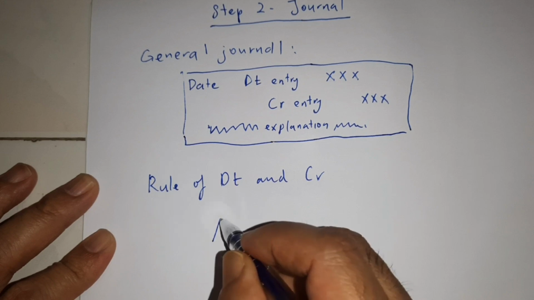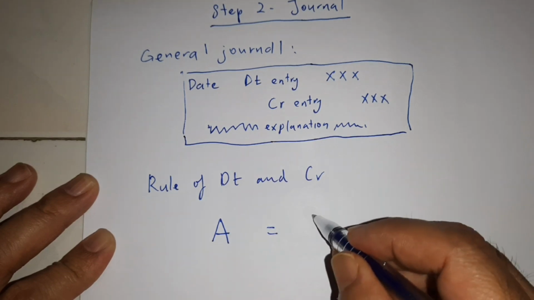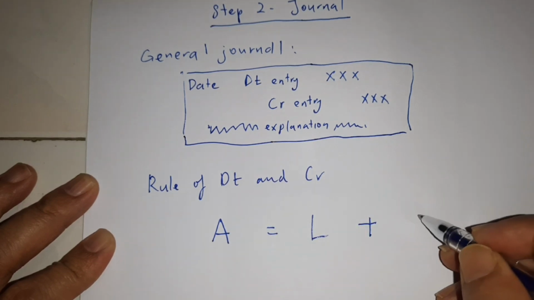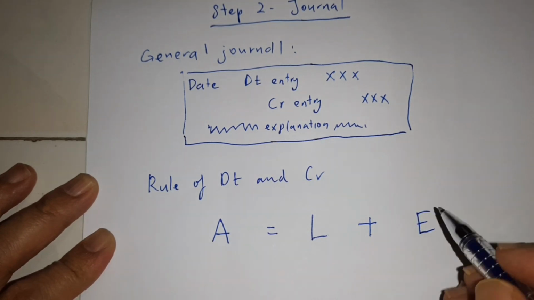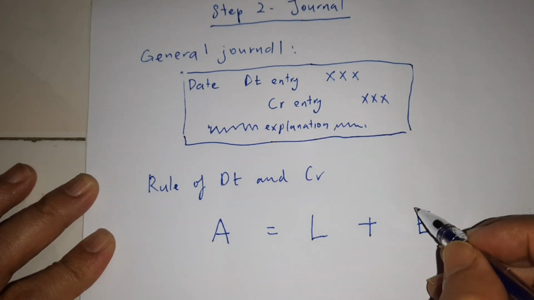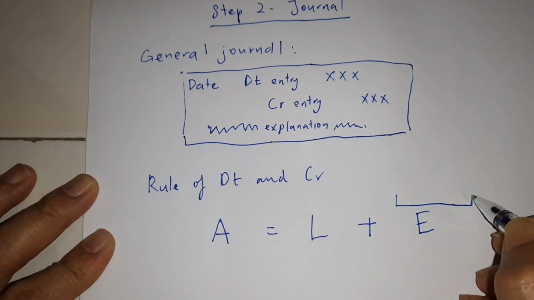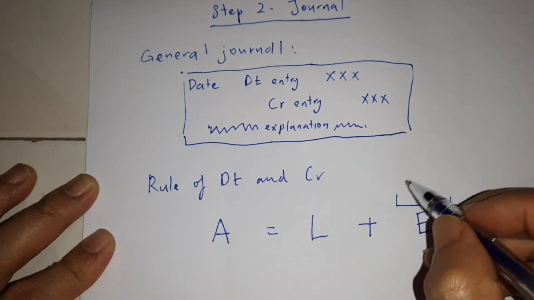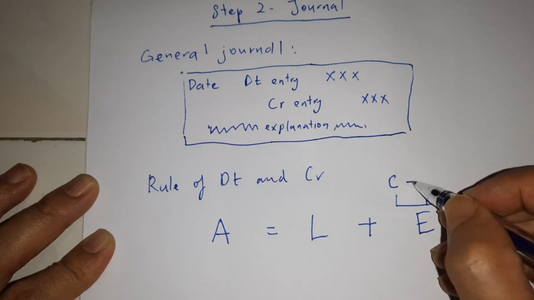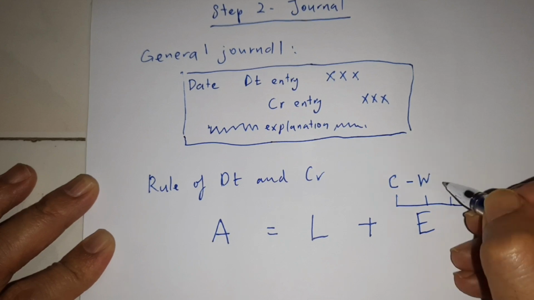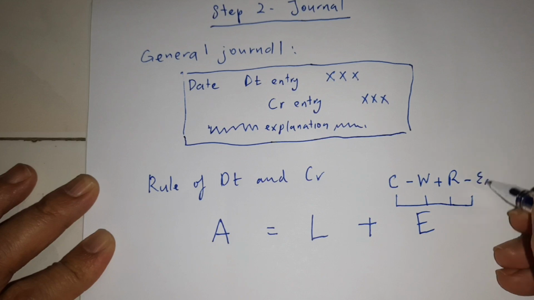The accounting equation is assets equal to liability plus equity. Remember, equity is related to 4 accounts: the capital account, the withdrawal account, the revenue account, and the expenses account.